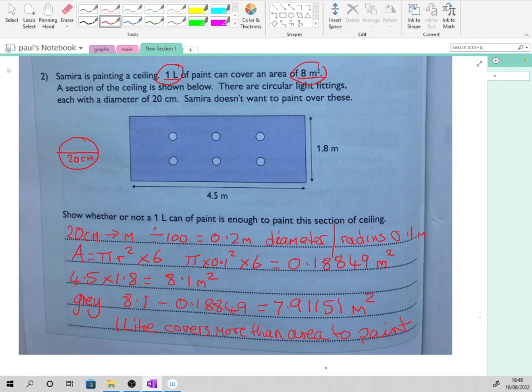Good, yeah, that's always worth putting that little line at the end, something like that. Or you could say, well, 7.911 is less than 8, therefore you can paint the ceiling and have nothing left over.